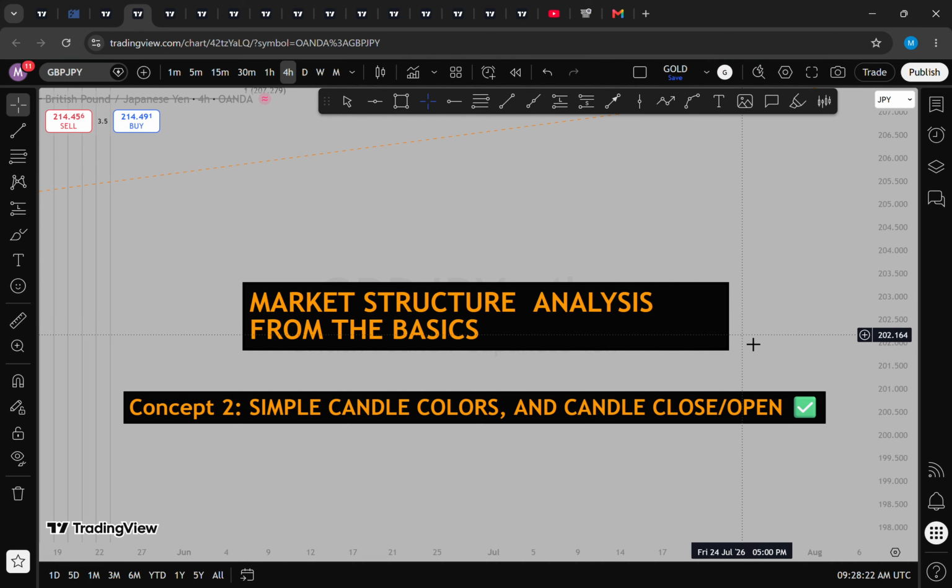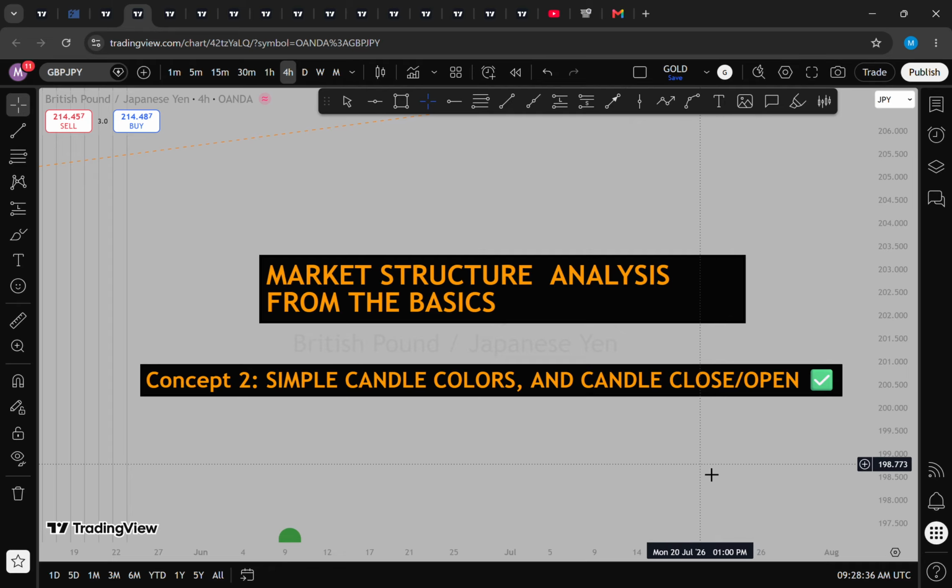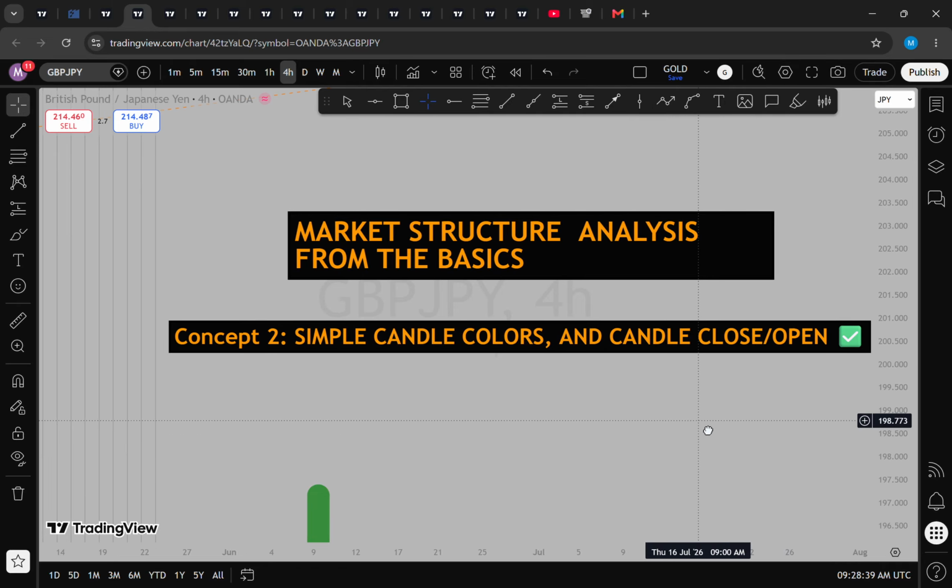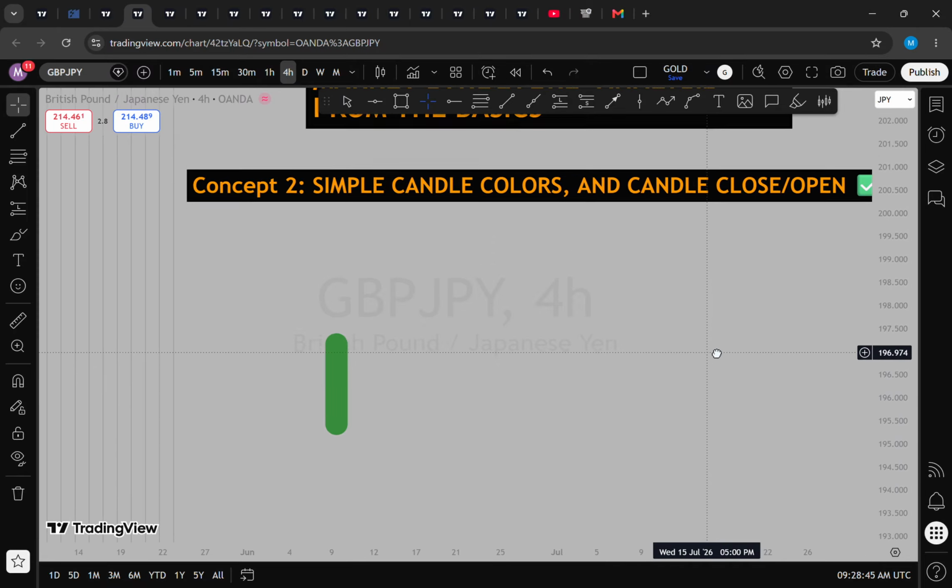So in forex trading, you have to understand the basics: the swings, the color of the candles, the pullback, and how to identify a valid pullback. We are still going to get into that. Without wasting our time, let's dive into what we have today: concept two, simple candle colors and candle close open.